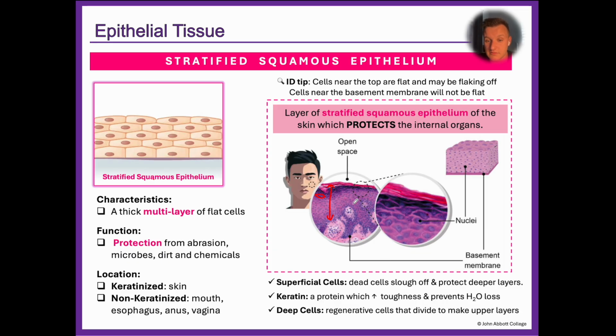So these superficial cells protect the deeper layers, right? You have the good layer here, but it makes an additional barrier. Keratin is a protein which increases the toughness of these layers, and it prevents water loss. It's waterproof, this keratin.